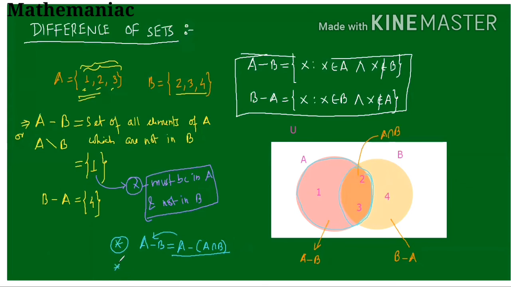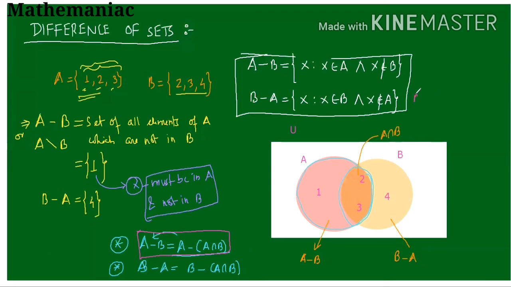Similarly, B minus A can be written as B minus A intersection B. Now, why am I bringing this? There is a question, of course. Actually, I need this relation when we'll be working on the number of elements.